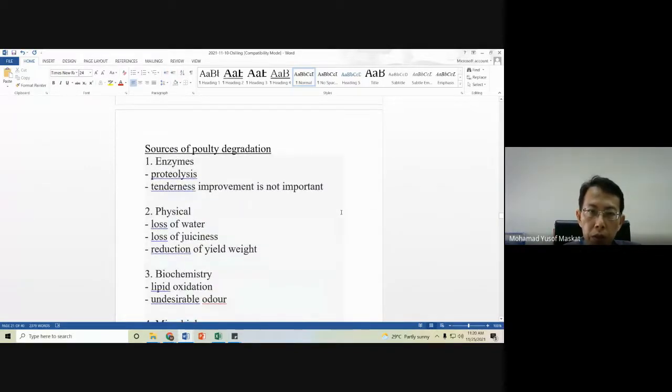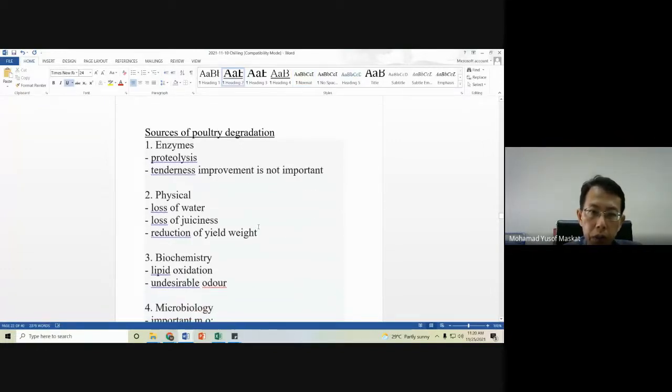So let's look at the sources of poultry degradation. First is enzymes. We have discussed just now proteolysis, the cutting of proteins.